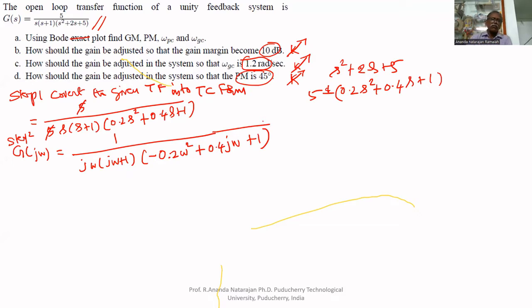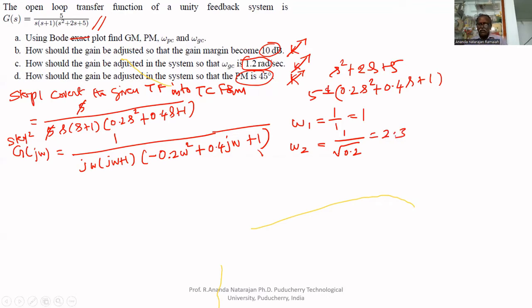This is the frequency transfer function. Here, omega 1 equal to 1 by 1 equal to 1. Omega 2 equal to 1 by square root of 0.2, 1 by root 0.2 equal to 2.3. Second corner frequency is 2.3.